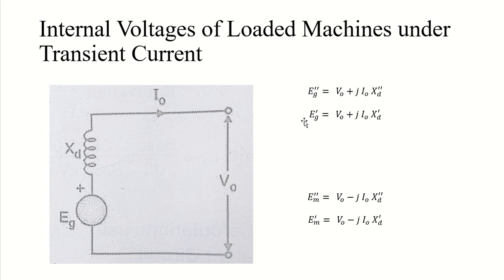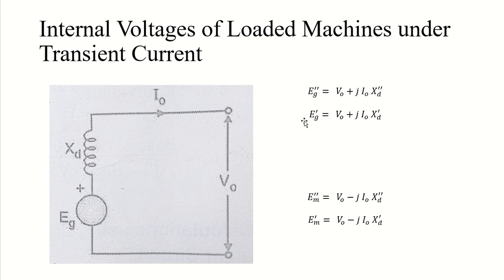After that, we can do one thing: in a synchronous motor, as you know, the induced EMF and reactance are similar to that of the generator, right? But the direction of current will be reversed.